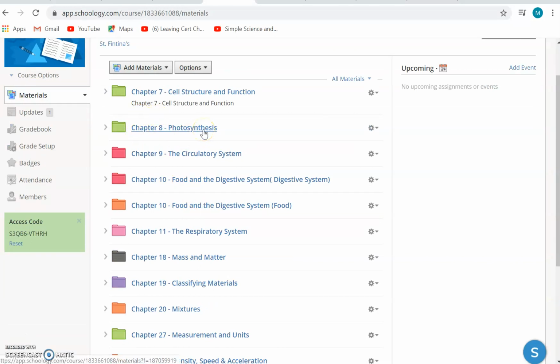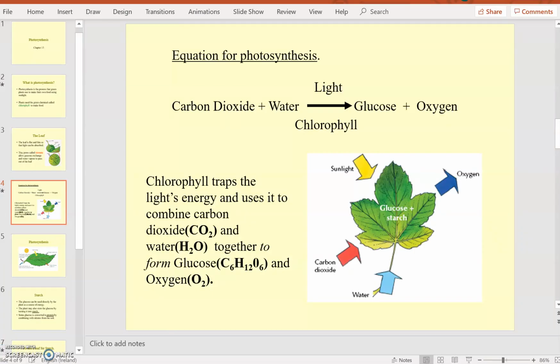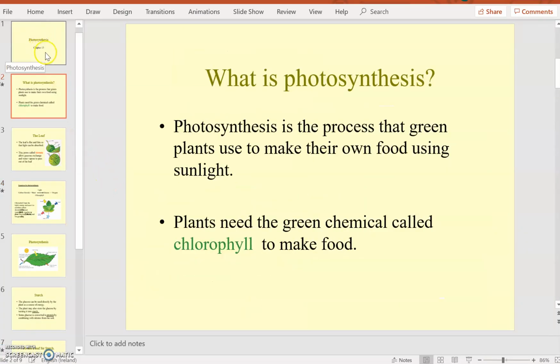It'll change to photosynthesis and respiration going forward, and in that you have some notes looking at photosynthesis and plant responses. We're only focusing on the photosynthesis; these are old notes of mine, so just look at the photosynthesis stuff on both sets of notes. That little PowerPoint there is completely all on photosynthesis, so you can flick through that as well, which gives you more information on photosynthesis.